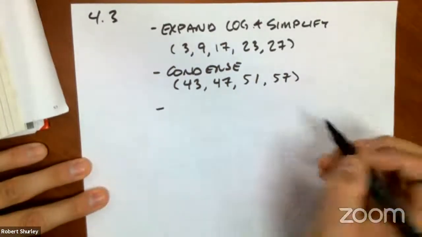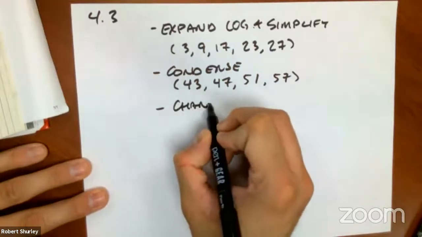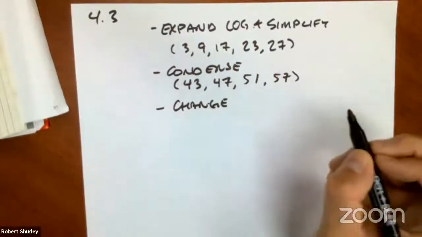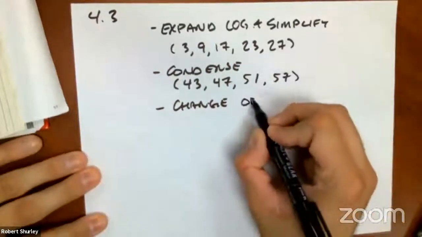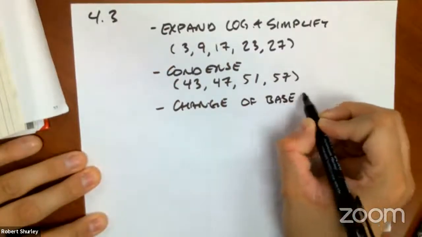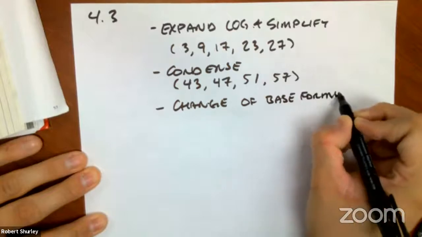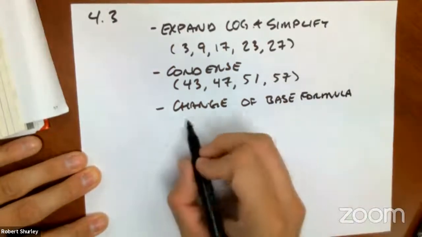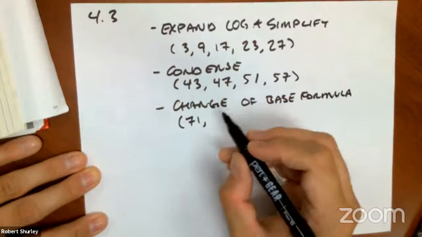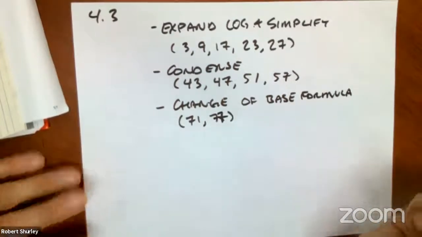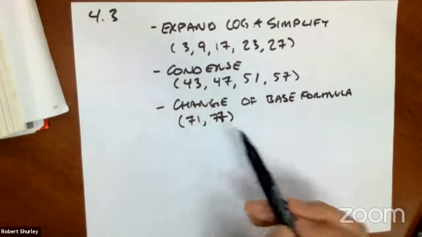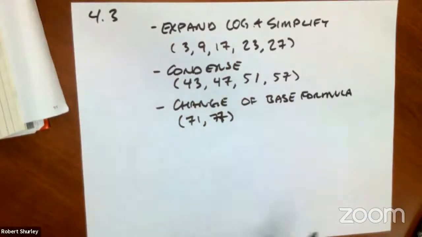And then we had the change of base formula. When we knew a single logarithm and we needed an approximation, we could use this change of base formula. Examples are like 71 and 77. This was just a know-how-to-use-your-calculator question.